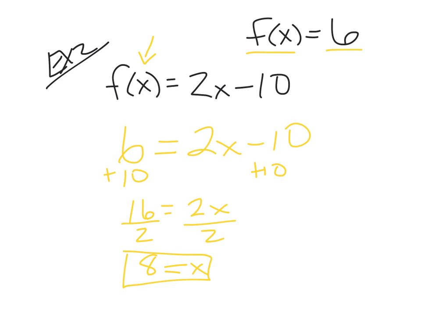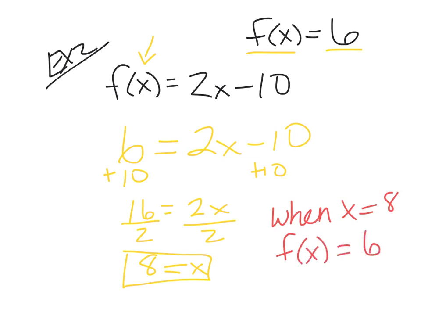So you can say that when x equals 8, f of x equals 6, because we solved so that x equals 8, and because we knew f of x equals 6.